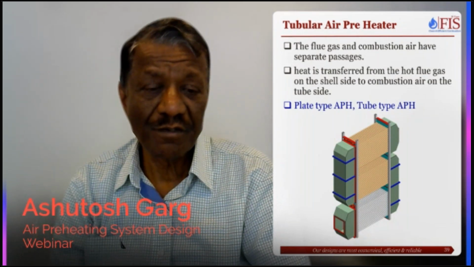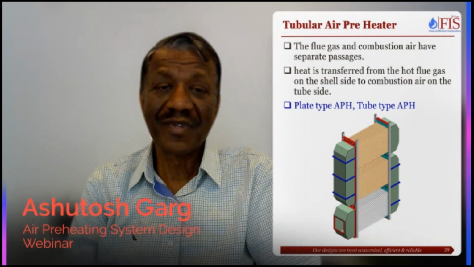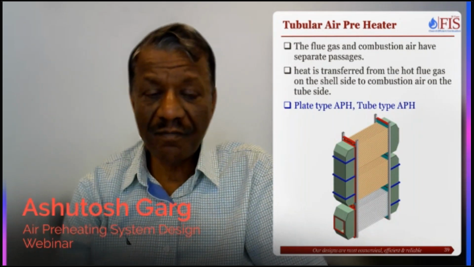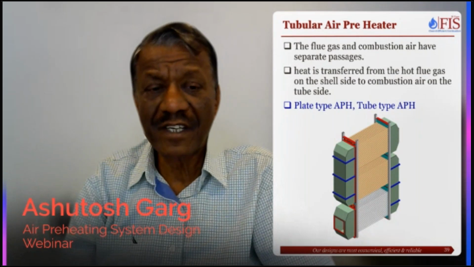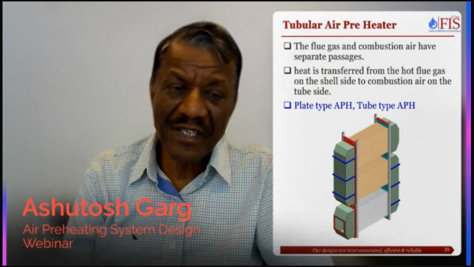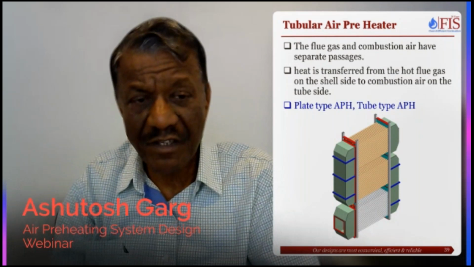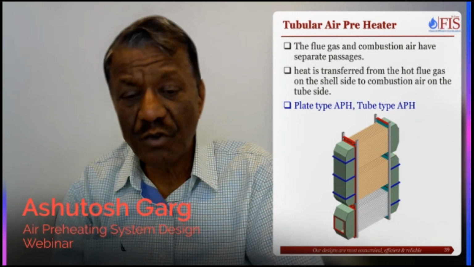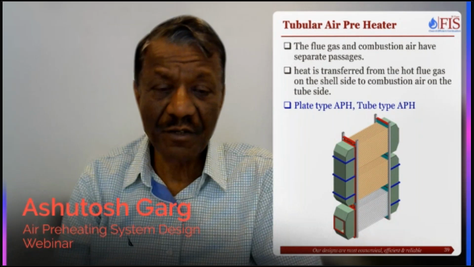Flue gas flows from bottom to top. We have designed many of these tubular air preheaters, not very efficient, as I said, because of several limitations. But if you don't want to spend too much money, this is the way to go.